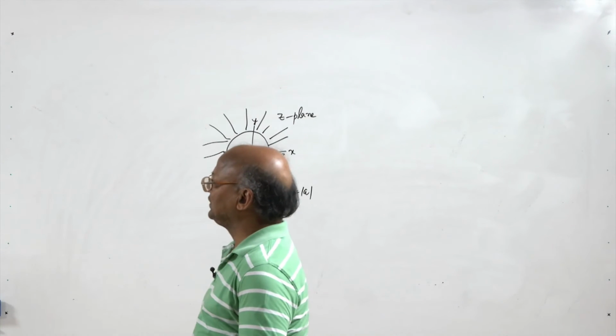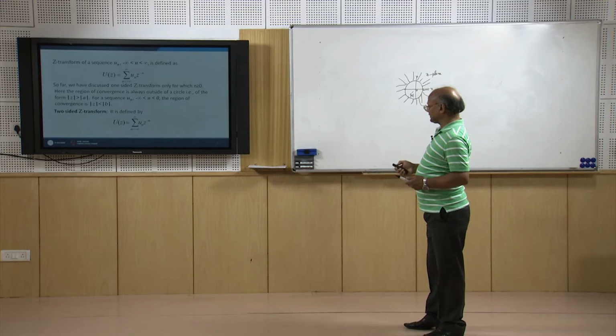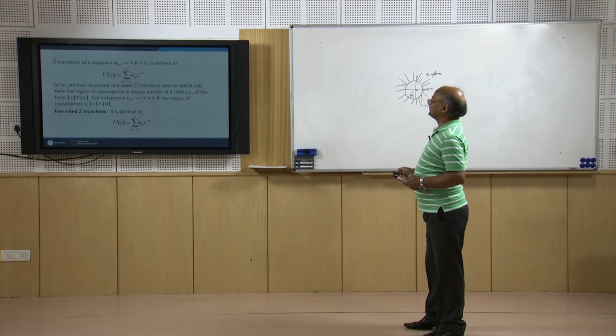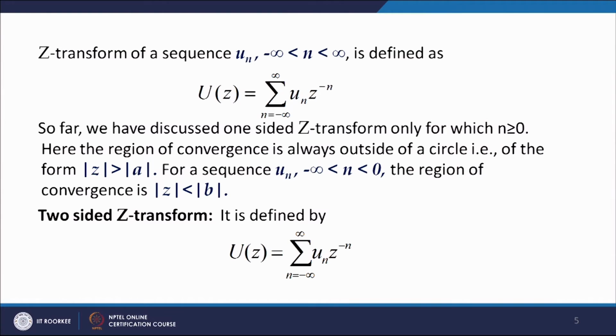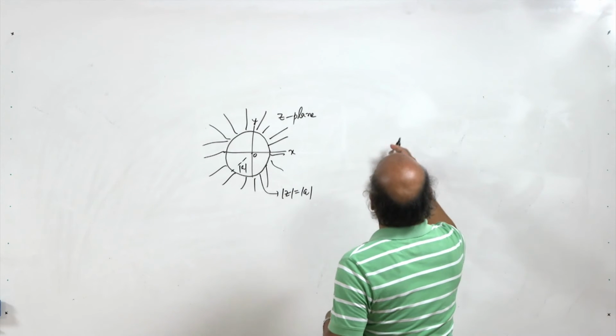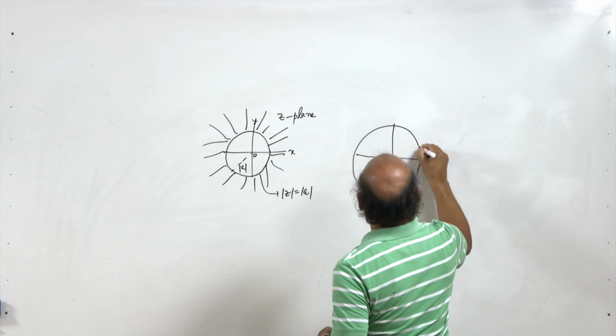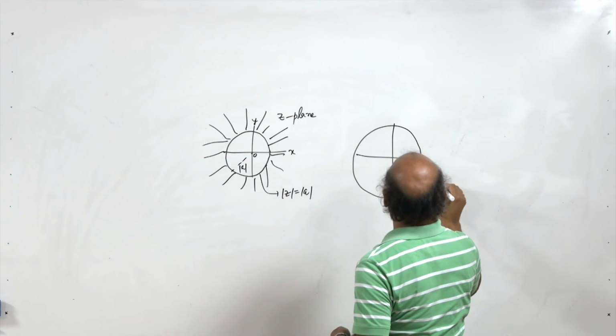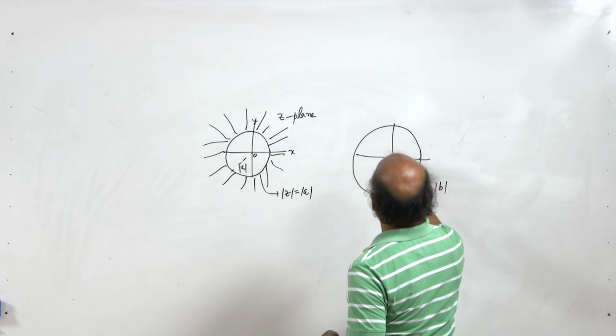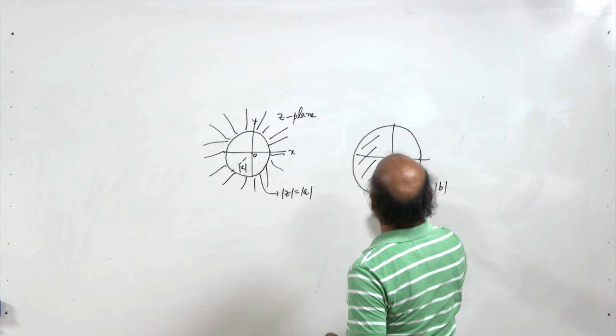So, in the case of the values of n greater than or equal to 0, the region of convergence is always outside the circle, it is of the form mod z greater than mod of a, but when n takes negative values, that is from minus infinity to 0, the region of convergence we shall see is of the form mod z less than mod of b. So, it will be of this form. Suppose this is your mod z equal to mod of b, circle with center at origin and radius mod of b, then it is interior of this circle.